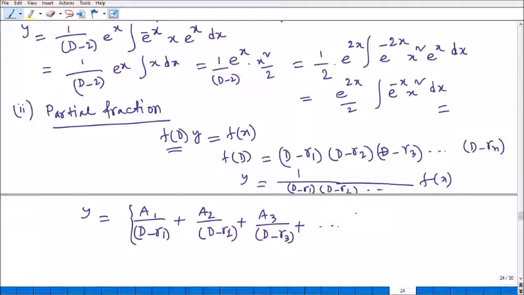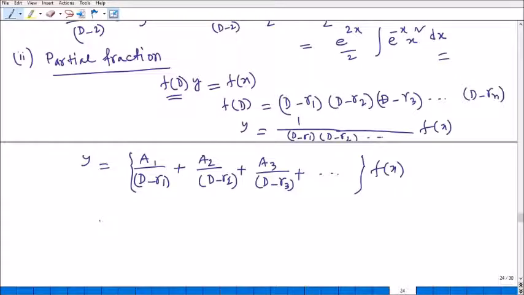I'm not writing the nth term, operating on f of x. So these are the partial fractions. When this polynomial function is decomposed in this way, that is in the partial fractions, then we can easily find out the particular solution or yp of this non-homogeneous differential equation.